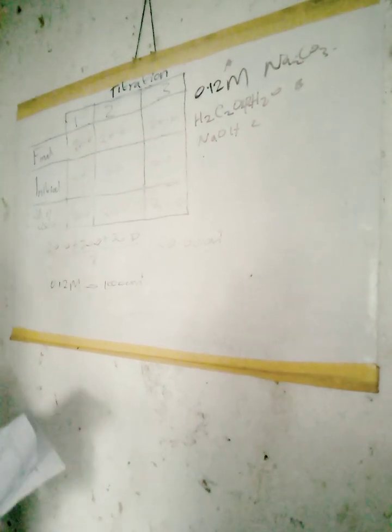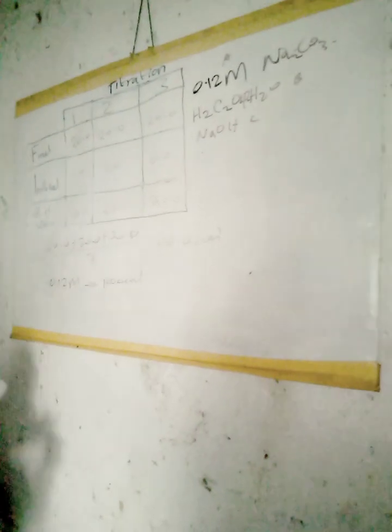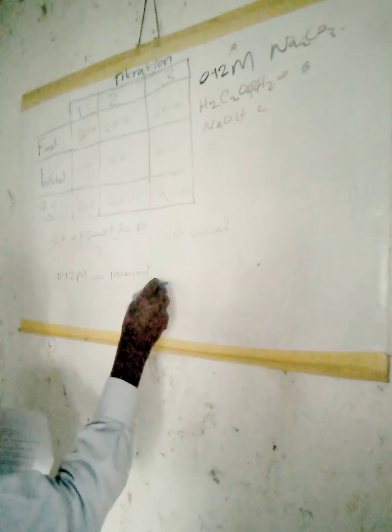We are saying calculate the number of moles of solution D. Solution D is the acid to which you have added distilled water, and you labeled that solution D. So we are going to say the number of moles of solution A was 0.0024, because we are going to use it in this calculation.